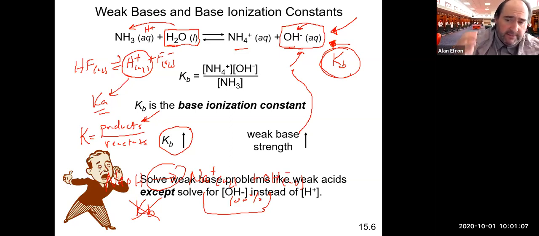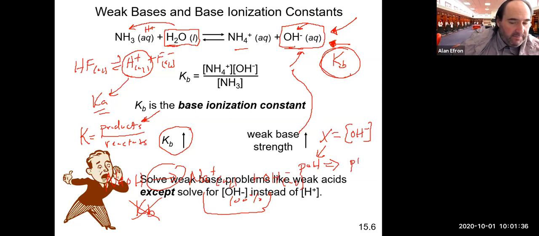It's a weak base, so you set up your ICE table the exact same way. The major difference between Ka and Kb problems is that when you solve for X, X does not equal the H plus concentration, as it says here where I scribbled over it. When you solve for X in these problems, it is actually the OH minus concentration. So usually before you can get to the pH, you will calculate the pOH and then calculate the pH.